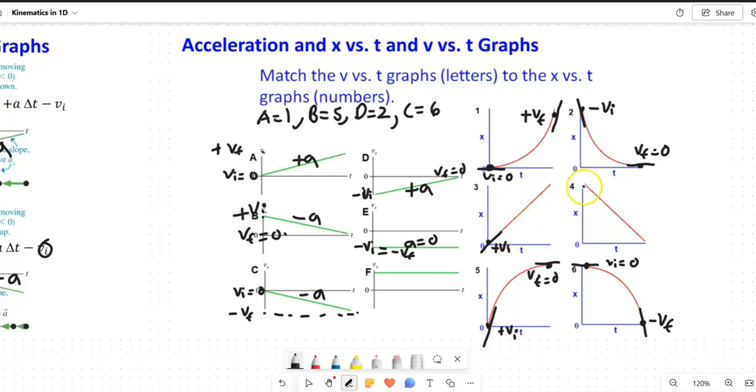So we're going to start off with an initial velocity that is negative, and the final velocity has to be the same slope, which is also negative. And since it's a straight line, that means the acceleration is 0. So E is equal to 4.